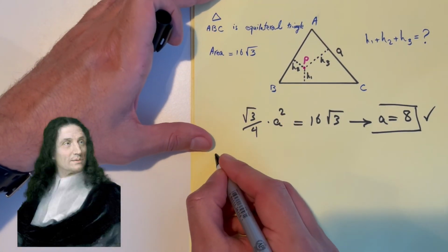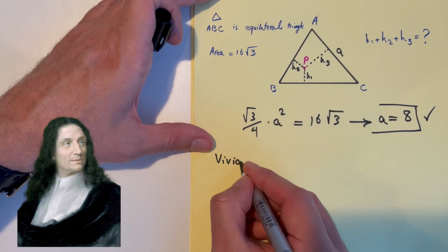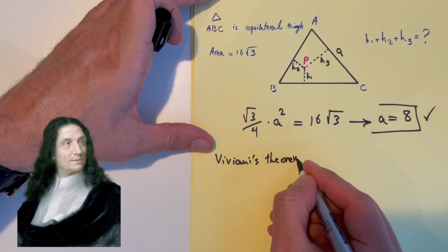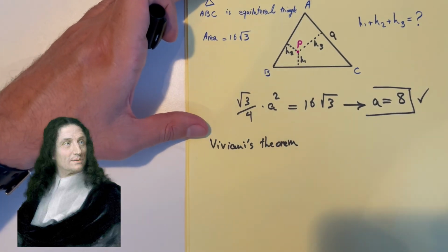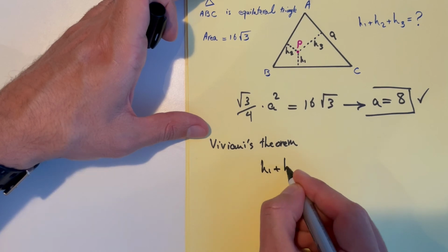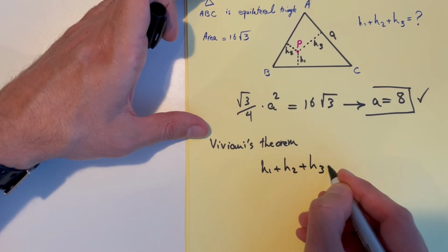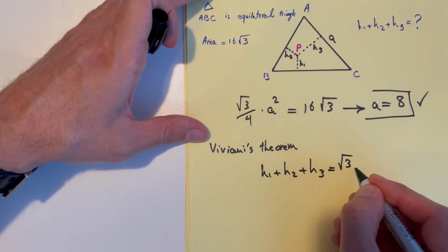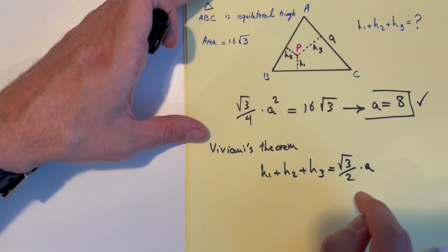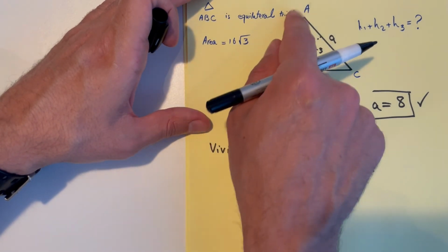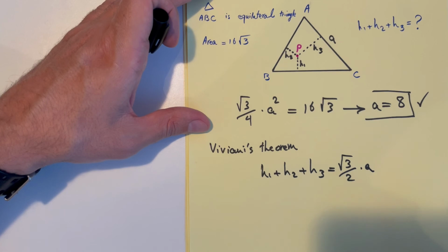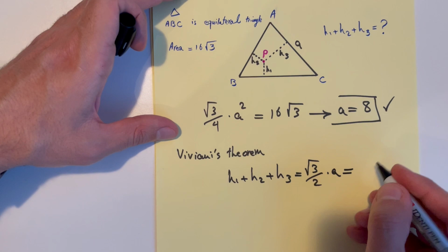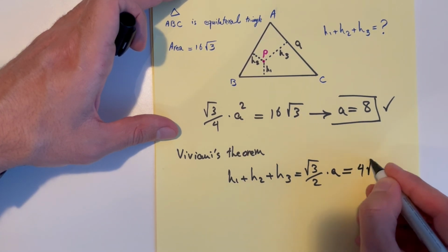And again, based on Viviani's theorem, I can write h1 plus h2 plus h3 should be equal to the height of this triangle, which is radical 3 over 2 times a. If you remember that, why? Because ABC is an equilateral triangle. And if I use a equal to 8, this will be 4 radical 3.